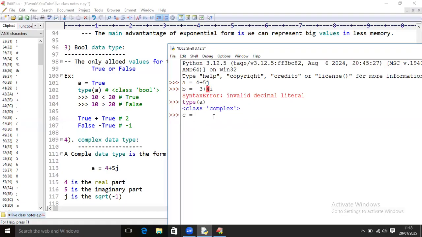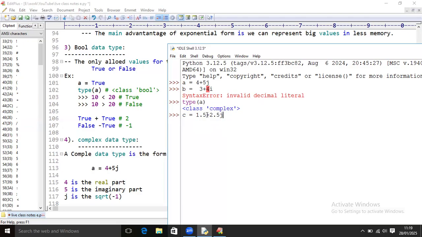Let's say c equal to 1.5 plus 2.5j. We can give any kind of number. Will it accept or not? We have given a real part and an imaginary part, and we have specified j only instead of any other alphabet.